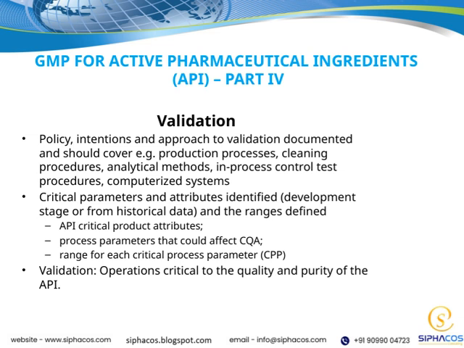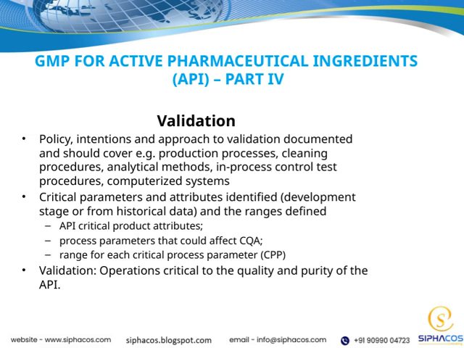Next, we need to identify critical parameters and attributes. These can be determined either during the development stage or based on historical data. Once identified, we define the acceptable ranges for each of these parameters. For example, with active pharmaceutical ingredients, or APIs, we pay special attention to critical product attributes.